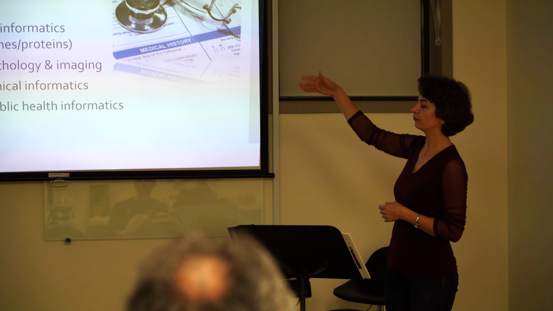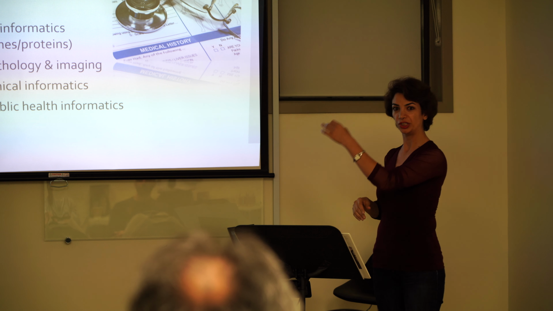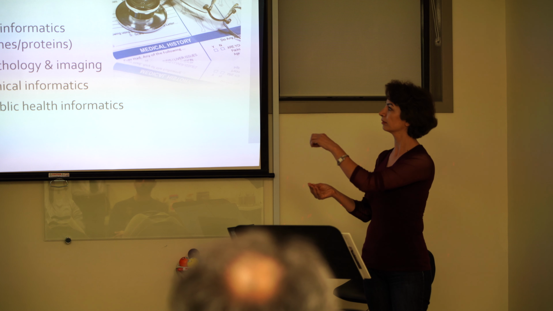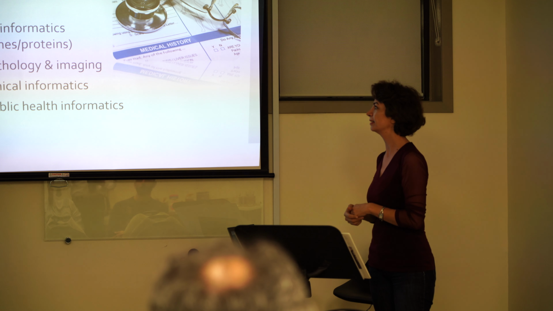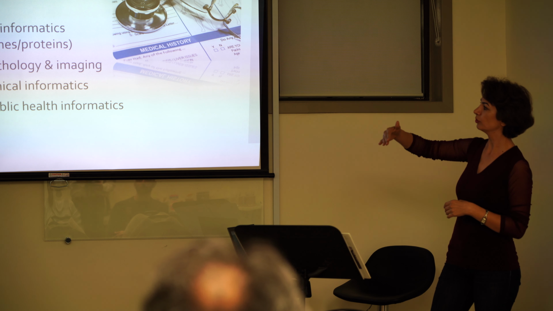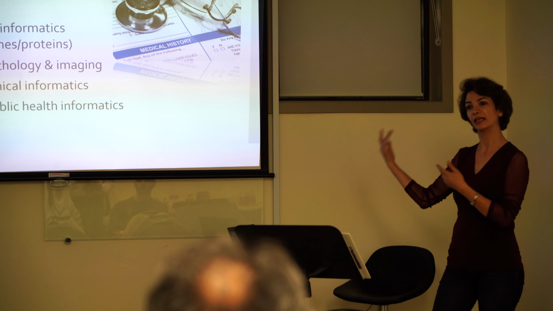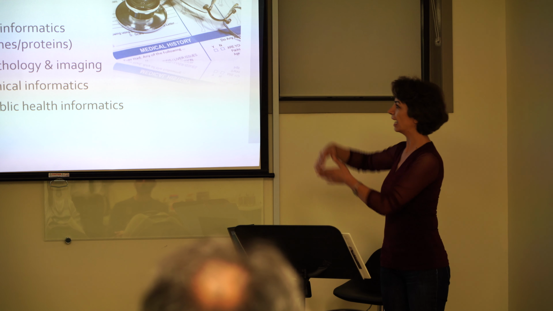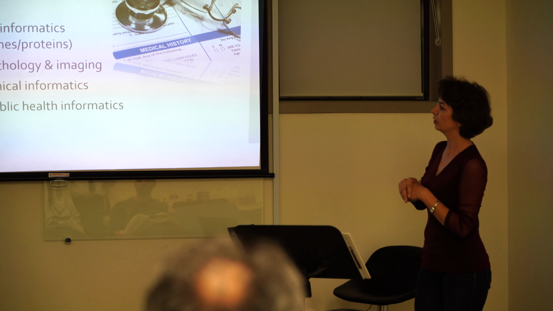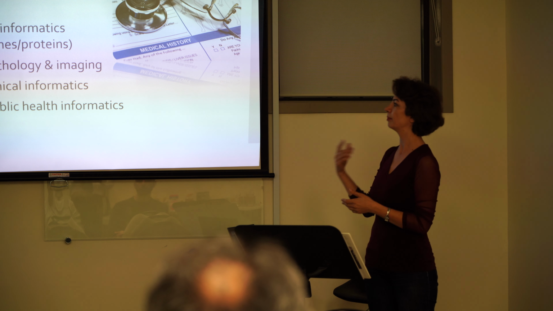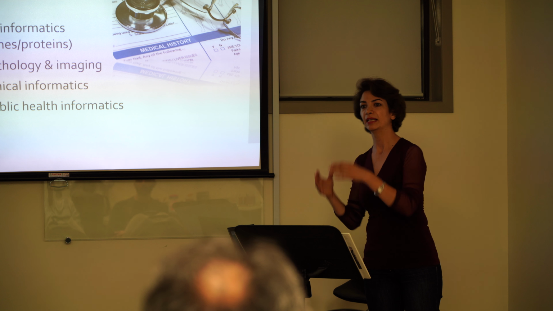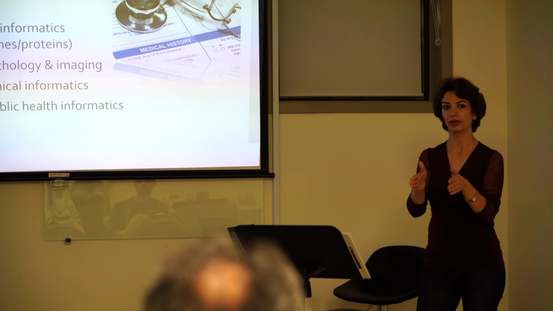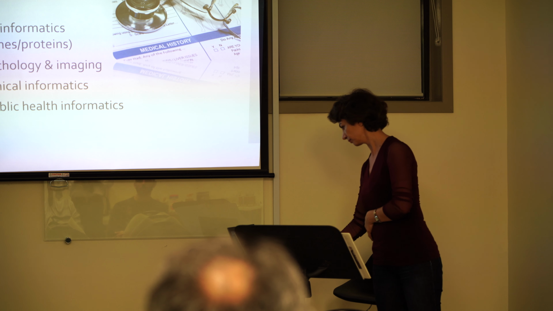That is bioinformatics, the genes that have genetic codes in all of our body cells, till coming to the other extreme, public health informatics or population health information. And between these two extremes, we have pathology, imaging, clinical informatics, which is regarding one individual's health data, health information.